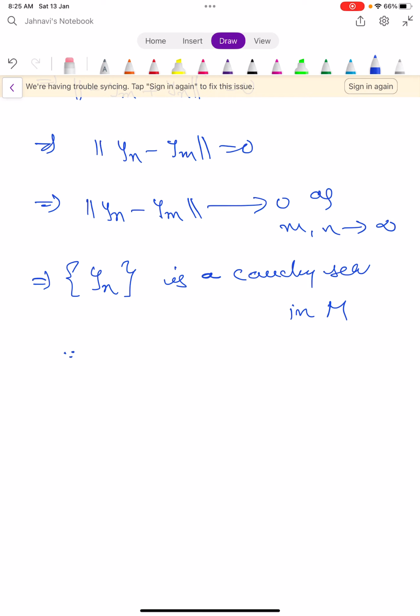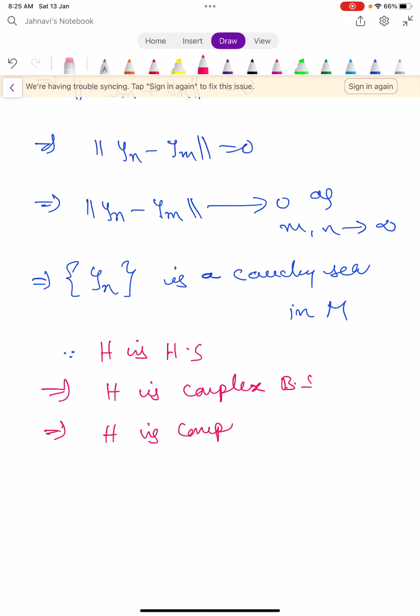Right. Already we know that H is a Hilbert space. Every Hilbert space is a complex Banach space. Every Banach space is complete.